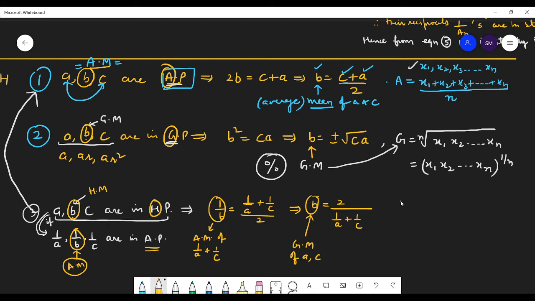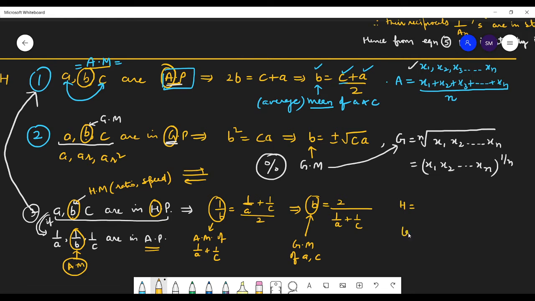Now tell me what will be the harmonic mean. I told you that this is particularly for ratios, like when you are using speed. Whenever you are finding average speed, with the same distance going this side and coming this side, you will be using the formula of harmonic mean.